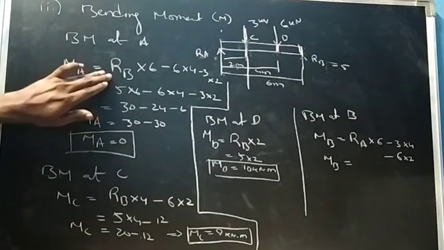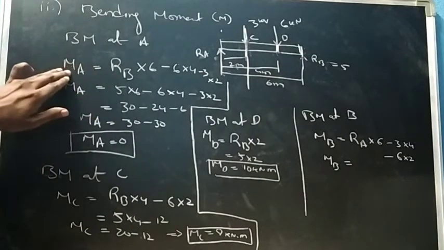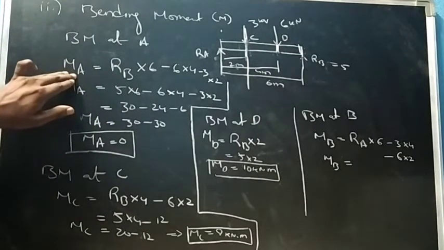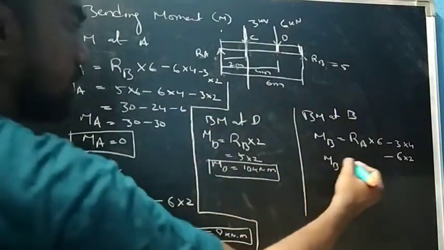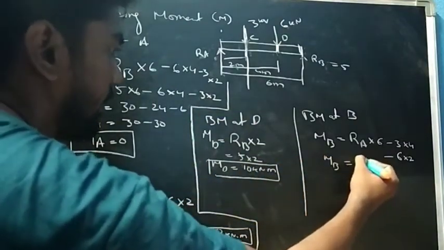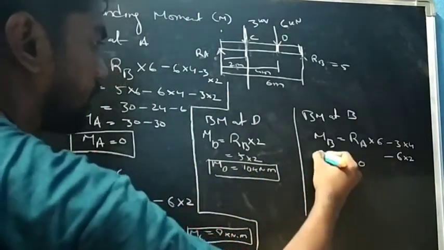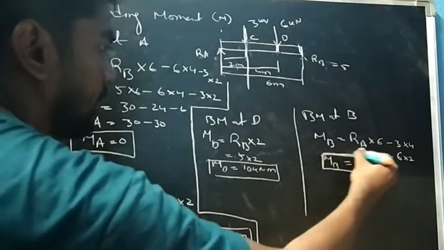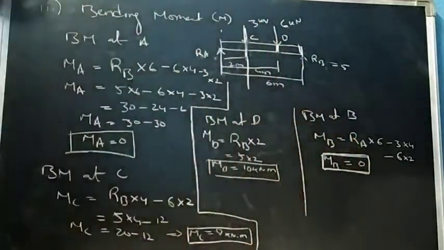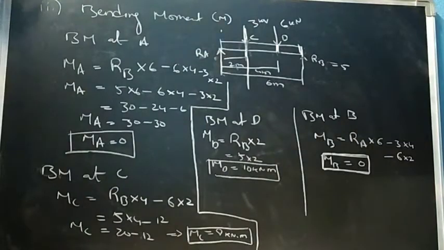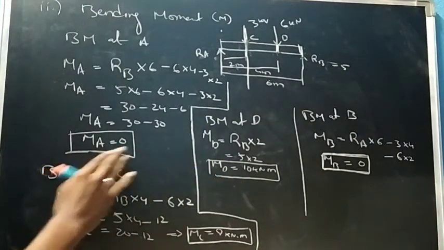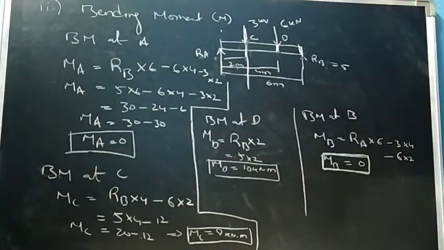It is almost the reverse of moment at A. We got moment at B equals 0, right? Now we can draw shear force and bending moment with the obtained values.